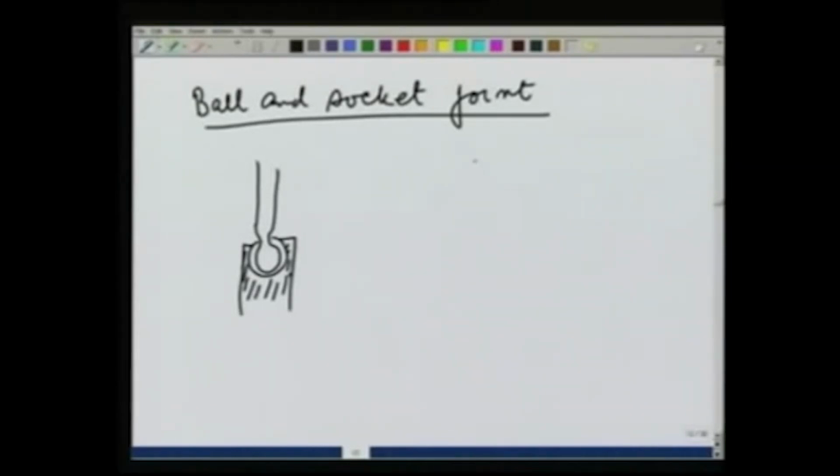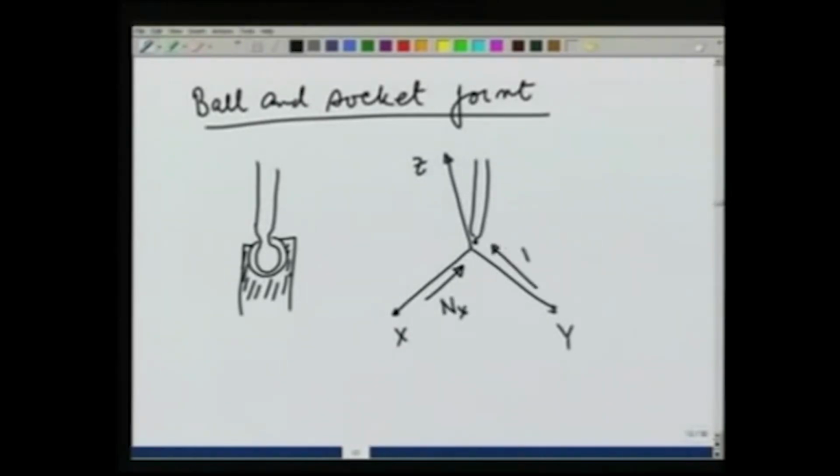So, a ball and socket joint, let me show it just like this, is capable of giving force in x, y and z, all 3 directions. Let us say this is the z direction. On a socket joint, it can provide a force in x direction, a force in y direction and a force in z direction. This is the 3-dimensional counterpart of the pin joint or hinge joint of 2 dimensions.